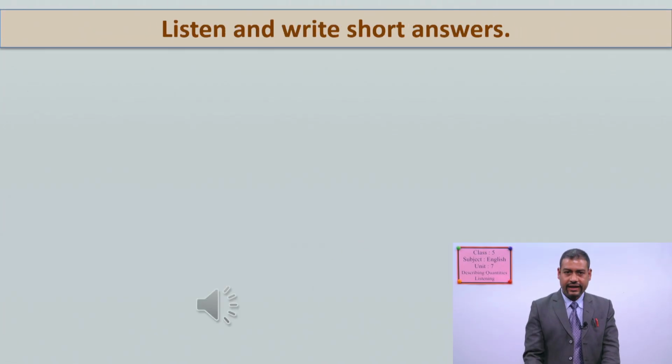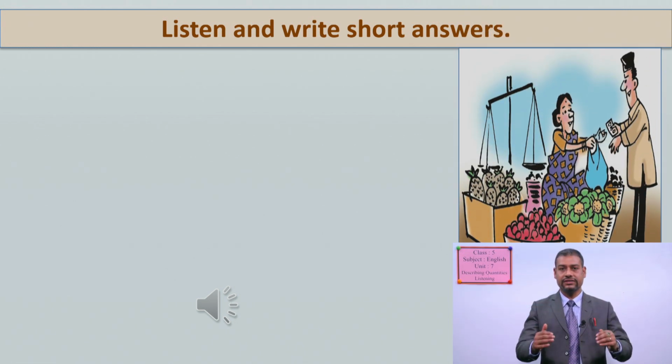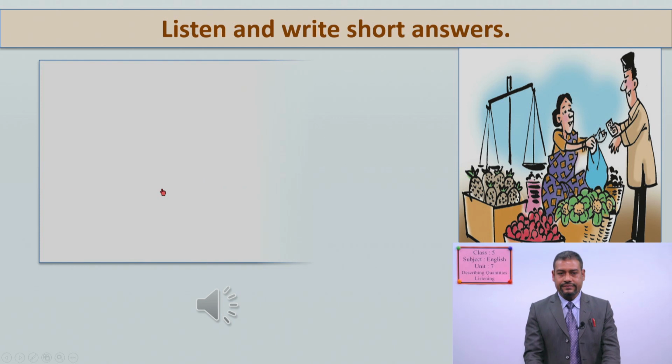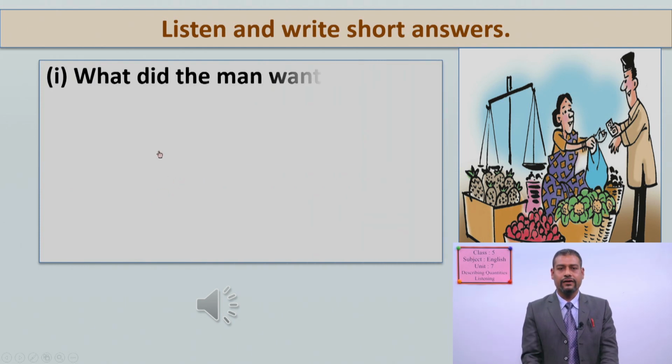Again, another set of questions we have: listen and write short answers. You have to read the questions again, because first of all, you have to be familiar with the questions. The first question is, what did the man want to buy?